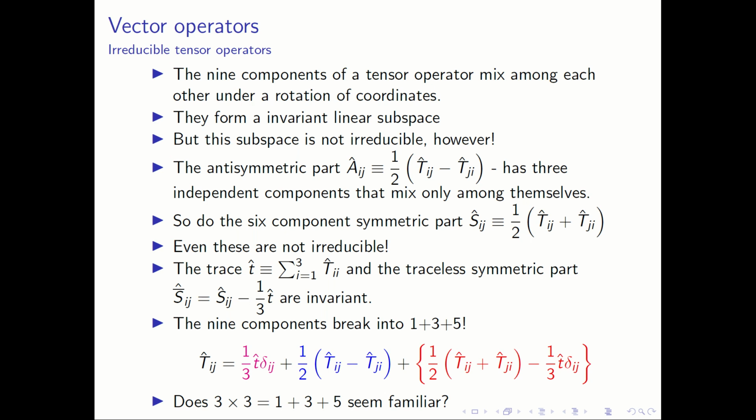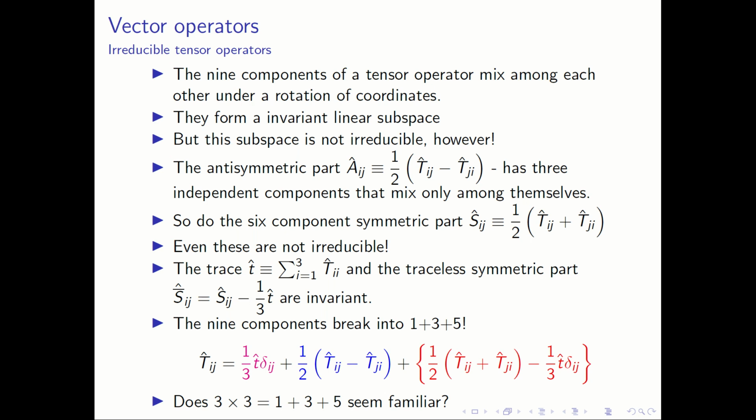And if you leave these 1-dimensional and 3-dimensional pieces out, you have a subspace formed by the linear combination of 5 components of the symmetric traceless part of Tij, and this in itself is also invariant.